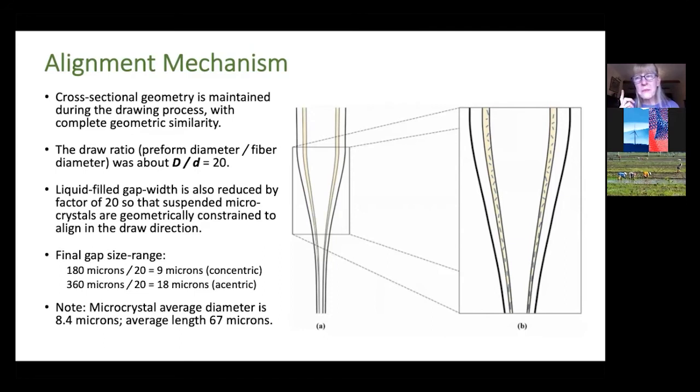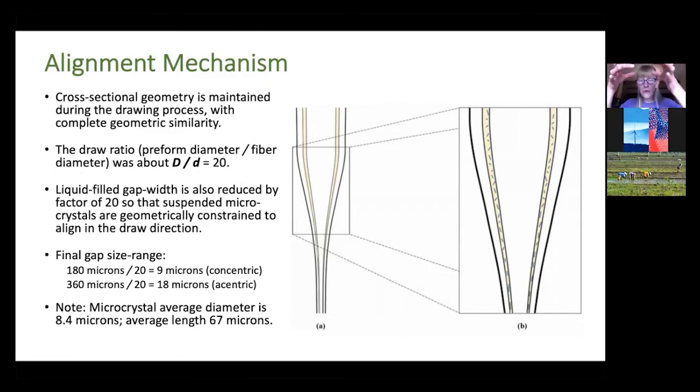But if you think about it, while you would have a layer of small scale structures between the two polymer surfaces, there's not sufficient constraint, right? They would be constrained to be in that plane, but there is no curvature to force the constraint in the perpendicular direction. So with the curvature, you are constraining such that the axes of the small scale structures have to align perpendicular or parallel to the fiber axis. They have no choice because of the curvature.